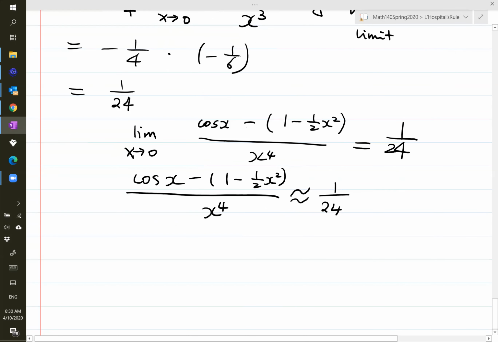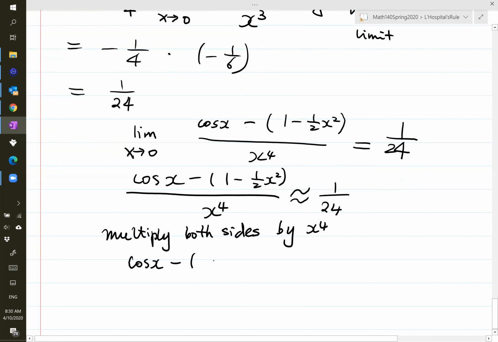If you multiply both sides by x power 4, then what you get is cosine x minus 1 plus 1/2 x squared can be represented by 1 over 24 x power 4.